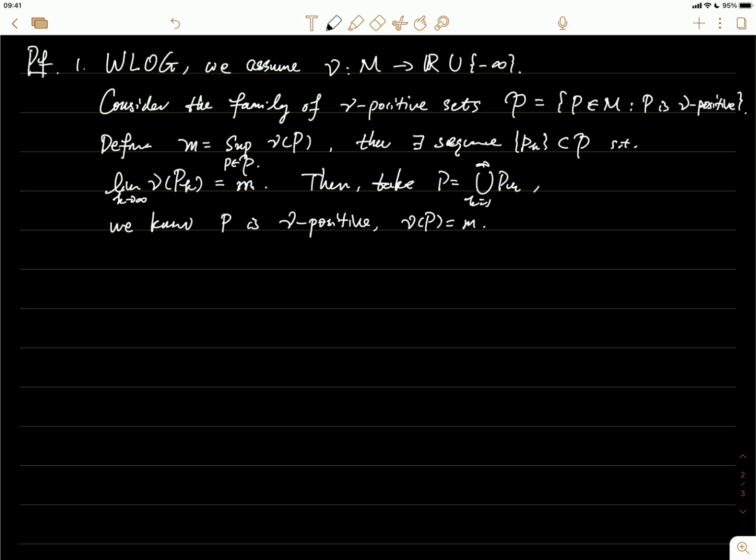The next step says that we want to claim, taking N to be the complement of P, that we already showed that P is nu positive. We just need to show that N is nu negative.